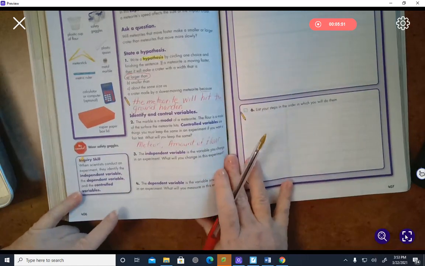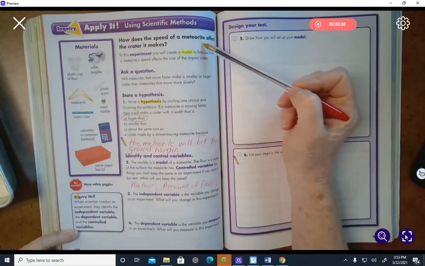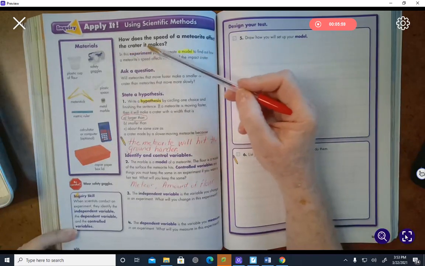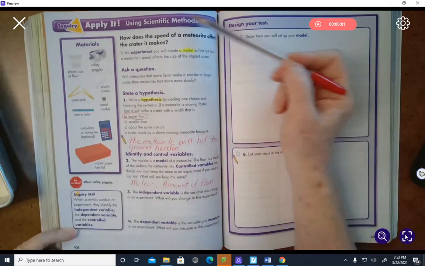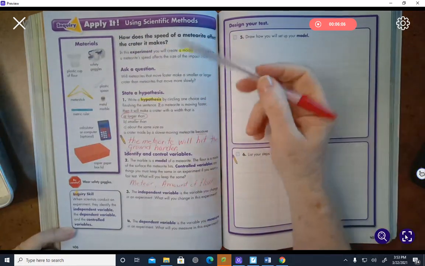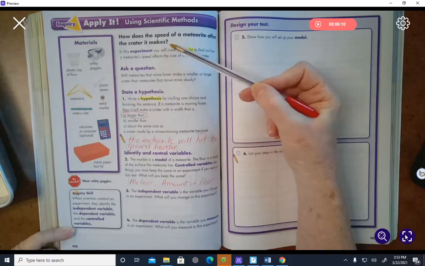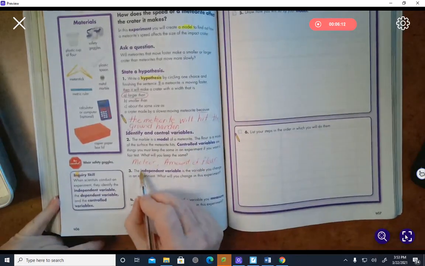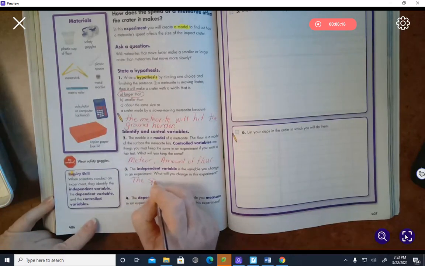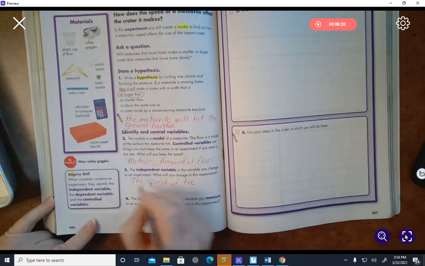So if we want to test how the speed of the meteorite affects the crater it makes, then obviously I'm going to have to adjust the speed of the meteorite in some way. So what I am going to change is the speed of the meteorite.